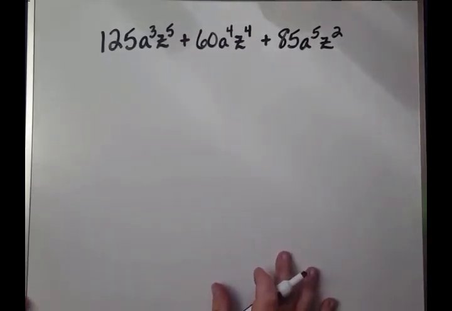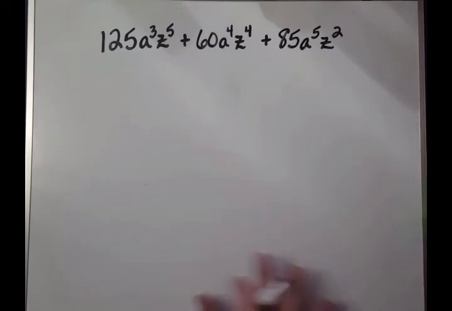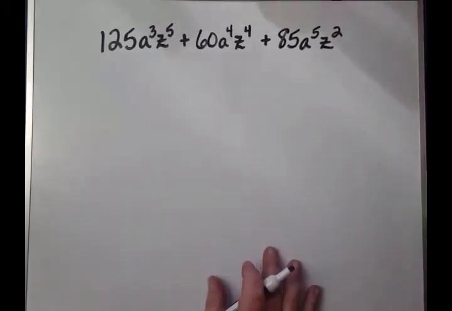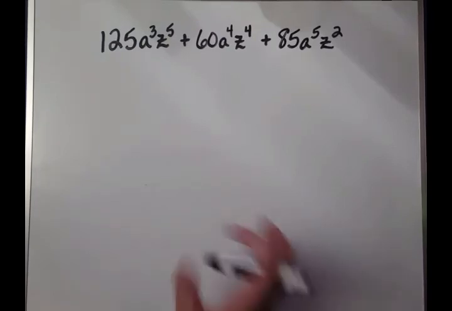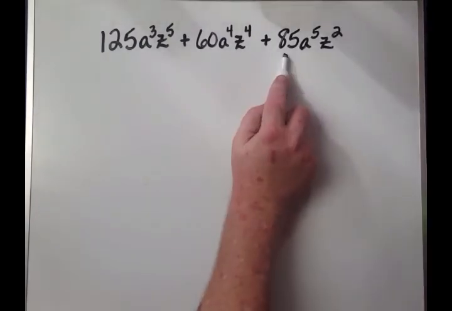Factor. And right now she reminds us that to factor is to factor out a greatest common factor among these terms. As far as the numbers go, it's obvious they're all divisible by 5, but is that the biggest number that will divide them all?